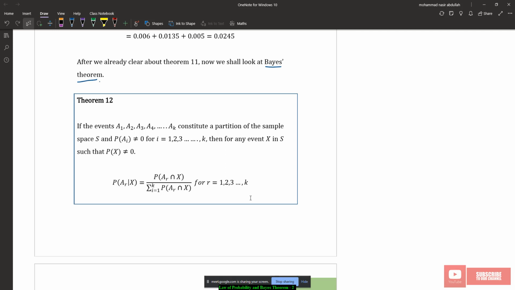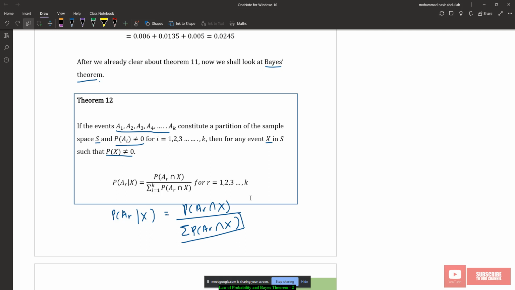If events A1 until AK constitute a partition of sample space S and probability of Ai is not equal to 0, for any event X in S and probability of X is not equal to 0, if you want to find probability of AR, for example, given X, it should be equal to probability of AR intersect X divided by summation of probability of AR intersect X.